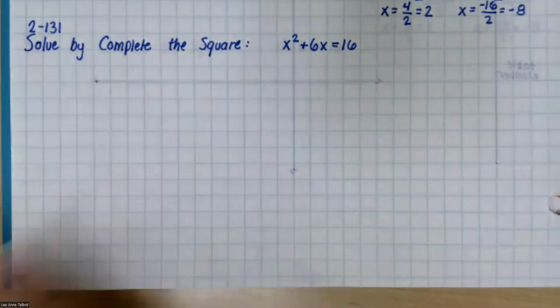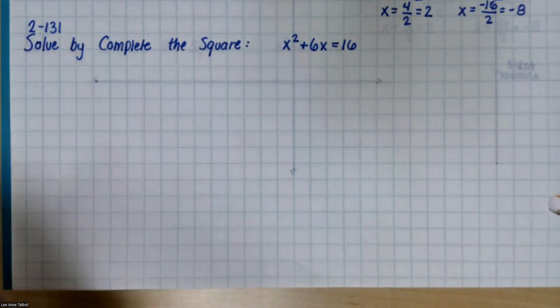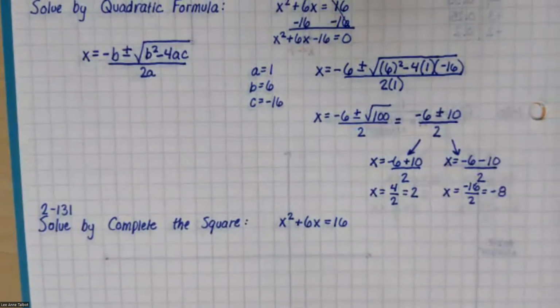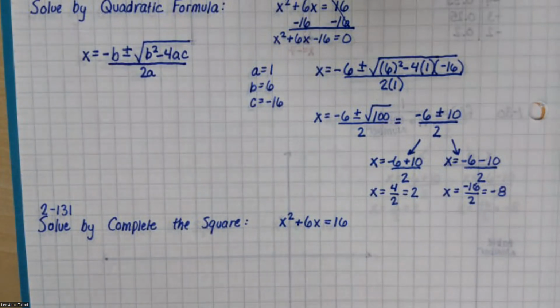Oh, that might be the first step if you were going to do quad formula or factor. But what are the answers to the problem? What are the answers to the problem? Yes, Sophia. 2 and -8.